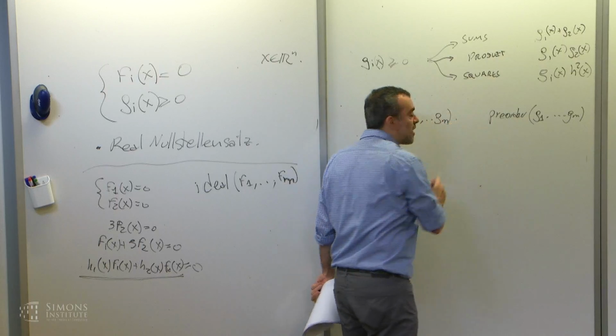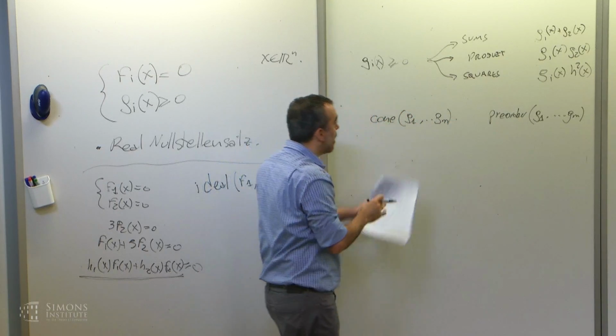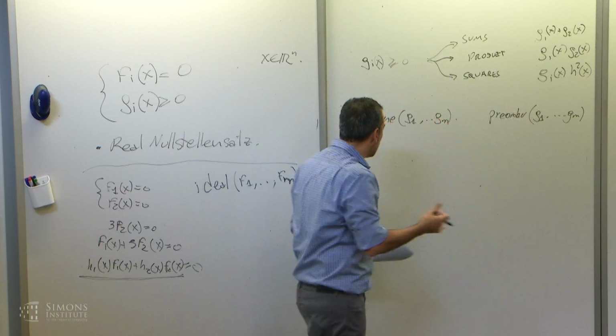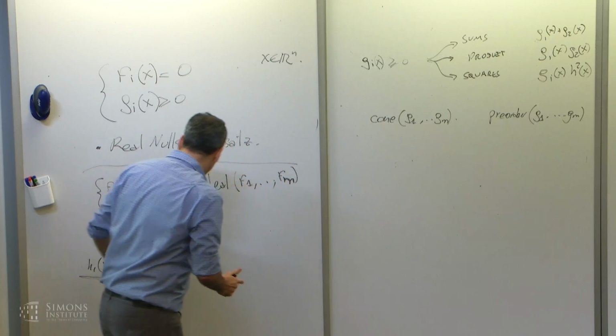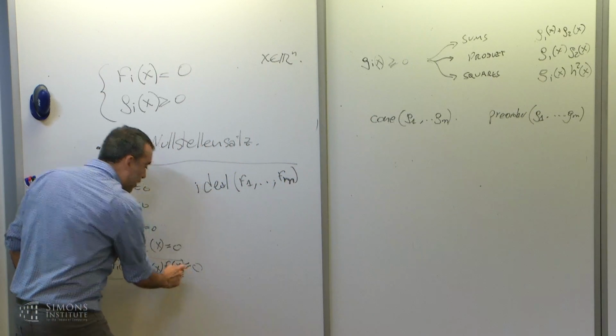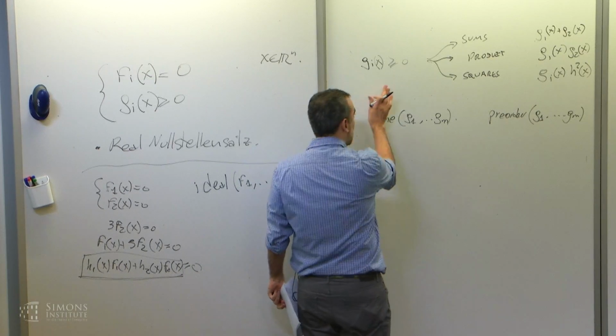But let me be very explicit about what form this takes. If you really think about taking g sub i's and doing this operation, you'll see that a generic polynomial in here, if in here was something of this form, in here it's a little bit more complicated, so it will look something like this.